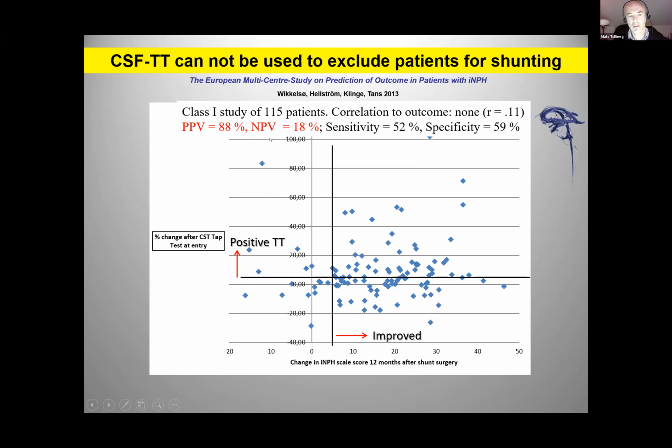So using this as a measure of positive TAP test, this is the TAP test that was published by Karsten Wikkelsø in the 80s. We have a quite reasonably good positive predictive value, but the negative predictive value was very low. A lot of patients improved despite having a negative TAP test, which is really a problem.